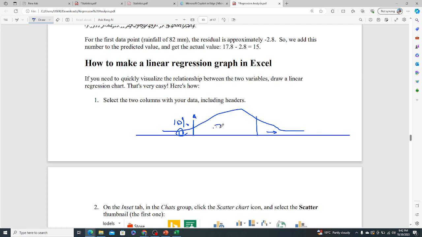Then this might be 20%, we don't want to fail most of the students. Then 70% of the total students scored averagely, maybe they scored a B.